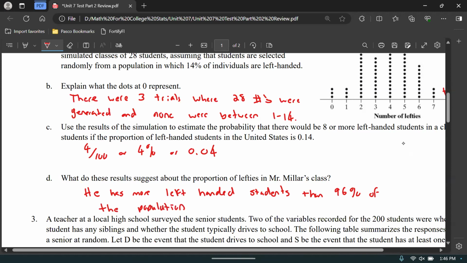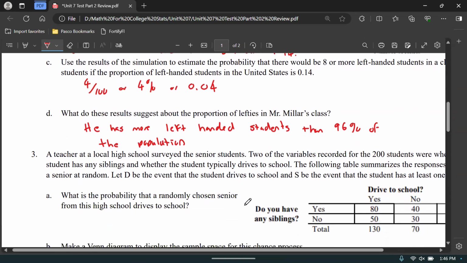Right? Because he's in the top 4%. 4% chance to be 8 or more, which means I would assume that 96% of classes have 7 or less. So yeah, he has more left-handed students than 96% of the population.